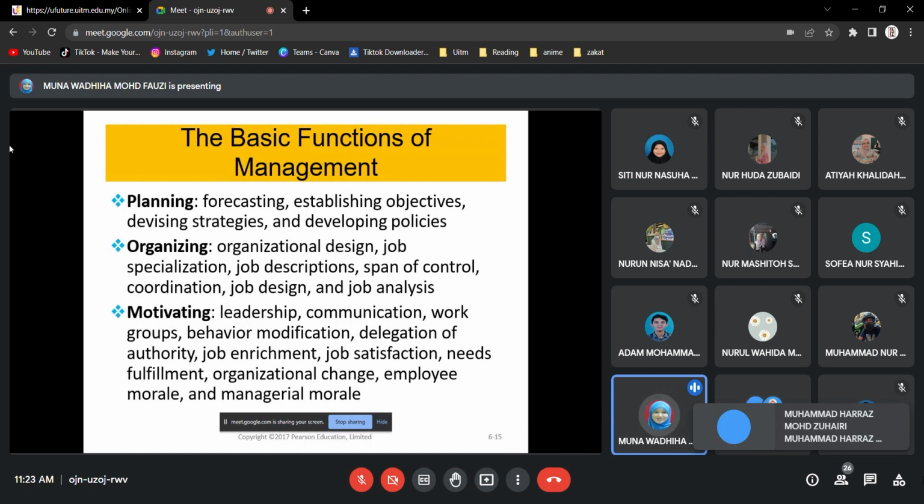So when we talk about motivating in the organization, the head of department or coordinator needs to guide and motivate their employees, the workers under them.